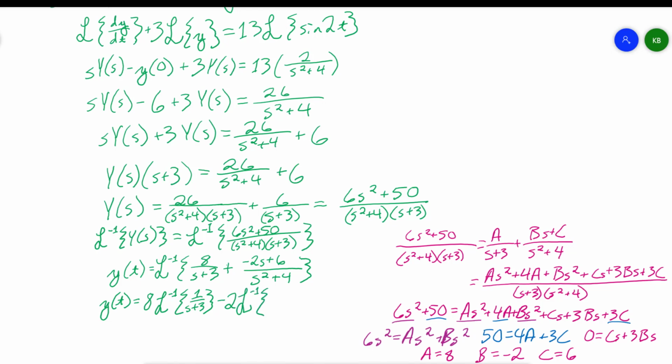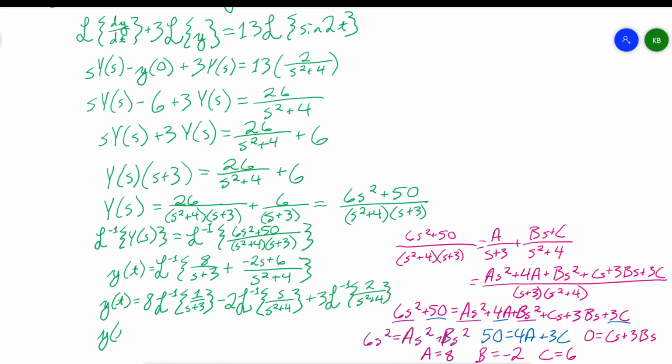I'm going to pull this fraction apart at the sum in the numerator, so this is -2s over s squared plus 4. And then what's left is 6 over s squared plus 4. I'm going to notice that 4 is 2 squared, and 6 has a 2 in it, so I'm going to pull out a 3. The inverse transform of 2 over s squared plus 4.